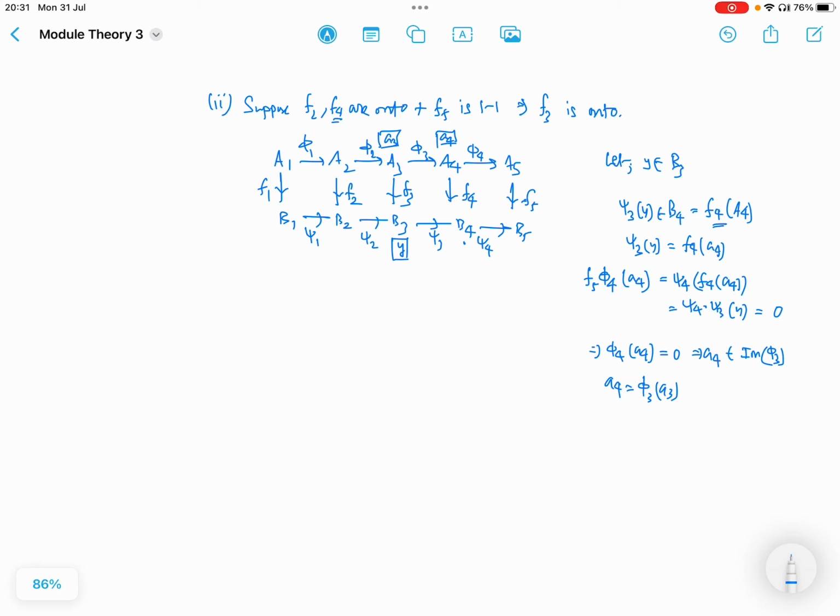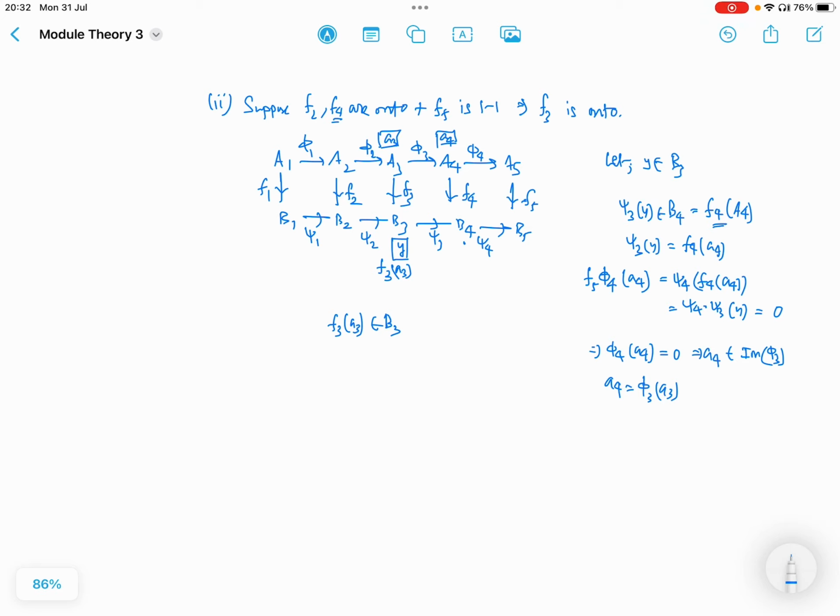But then you can apply F3 to it to go inside B3. It may not be equal to Y. I'm not saying it is Y, but let's see. So this is F3 of a.